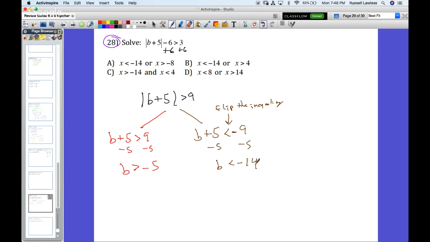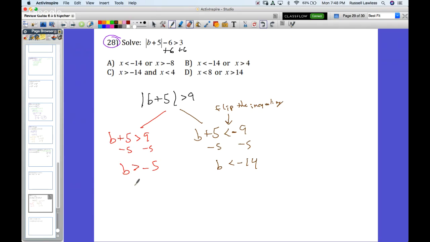So then the question is, is this an and statement or an or statement? So b is less than negative 14. It's greater than negative 5. Actually, let me do it this way, sorry.